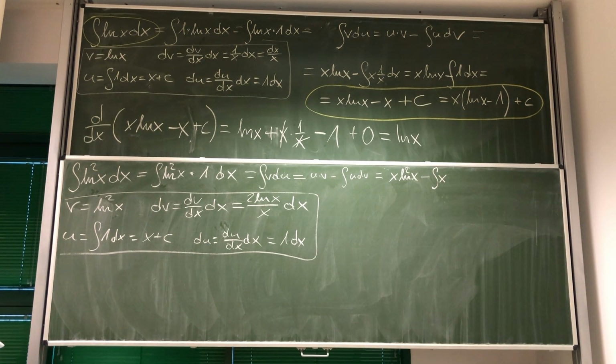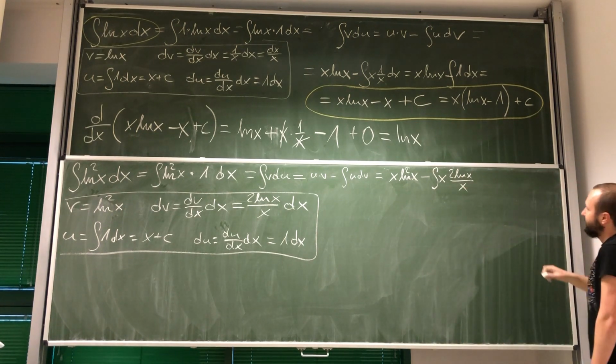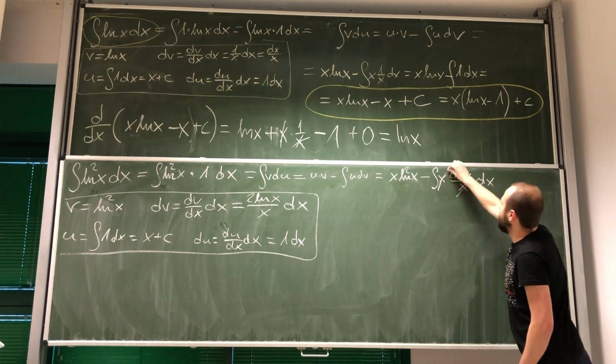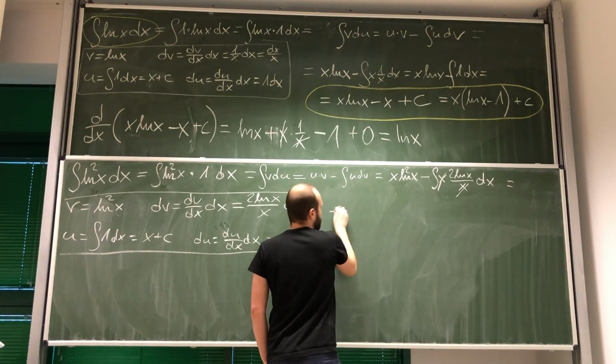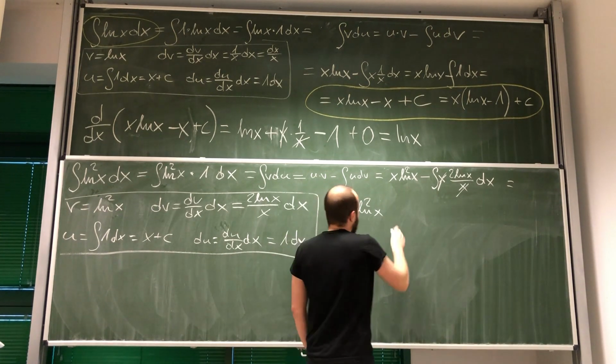No, we've got 2 ln x over x dx. Okay, look, those two cancel each other out. 2 I can take out of the integral.